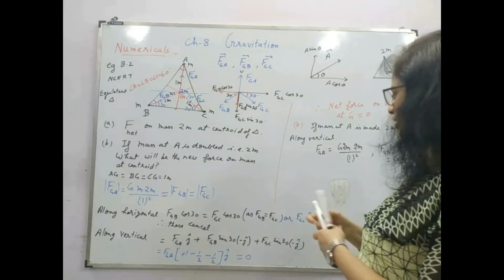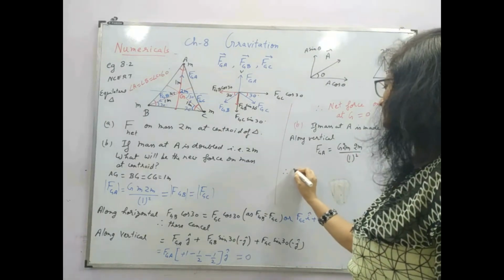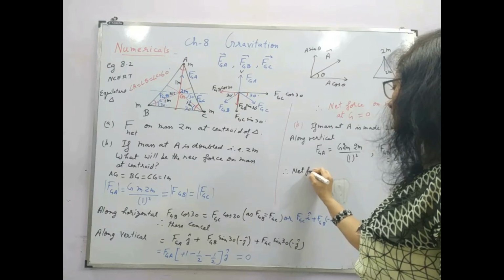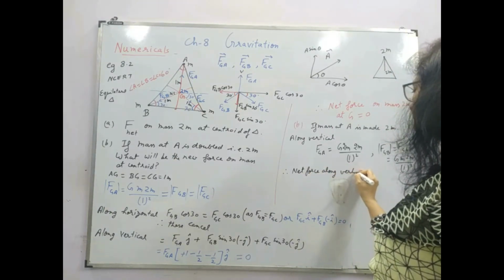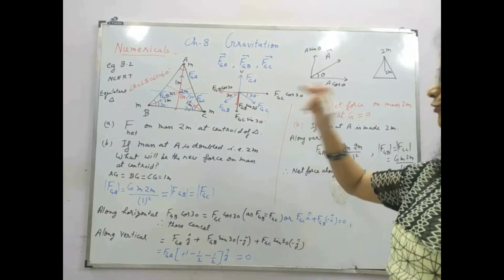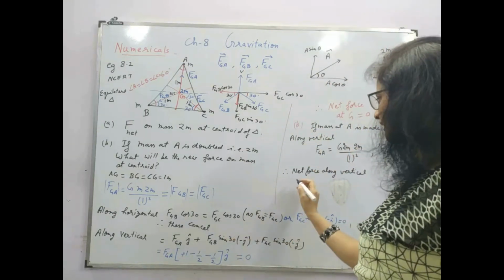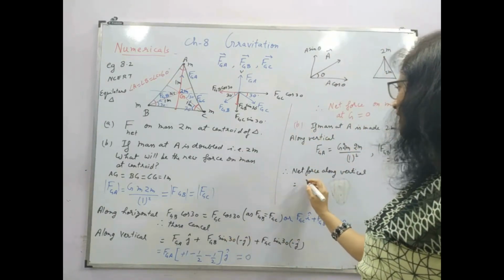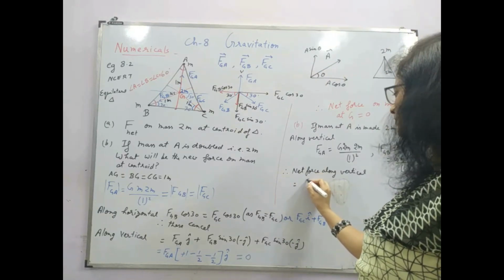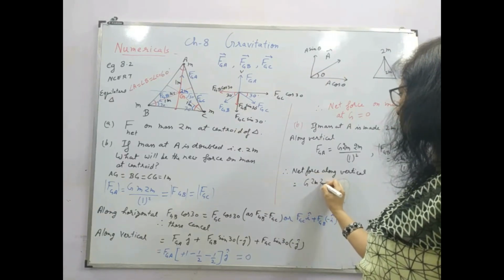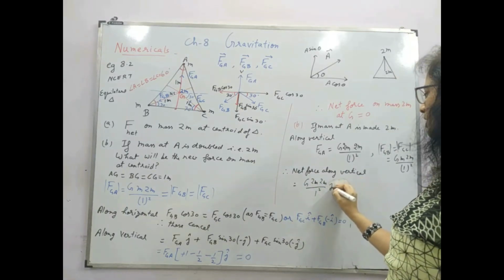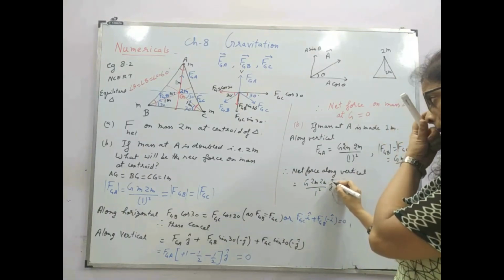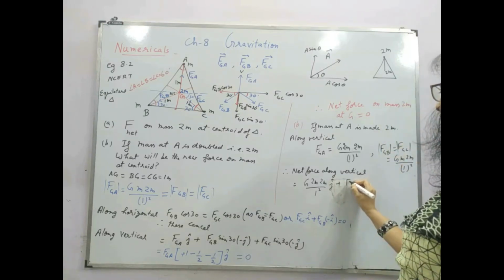So net force along vertical, I will write like this only. So this will be FGA, that is G 2m into 2m upon 1 square into J cap plus FGB.